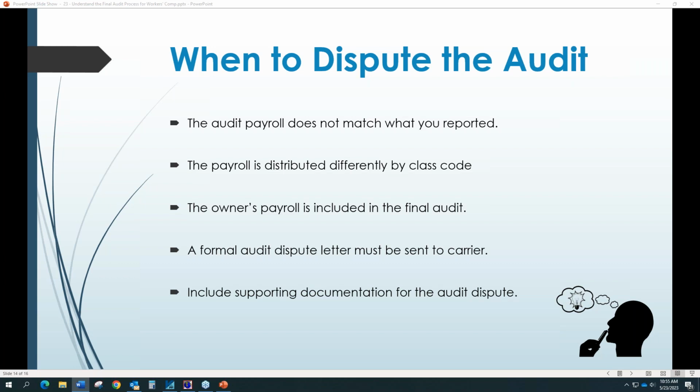I want to briefly talk about the homeowners association that had subcontractor payroll included. That's always my first indication that a certificate of insurance wasn't submitted. However, I always request the audit worksheet from the carrier whenever I'm working a dispute, because that will give me a breakdown of everything.